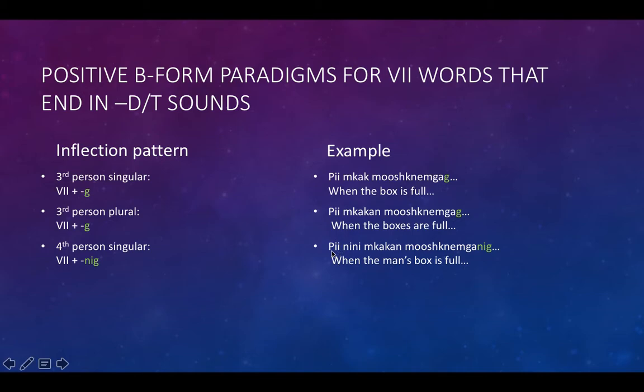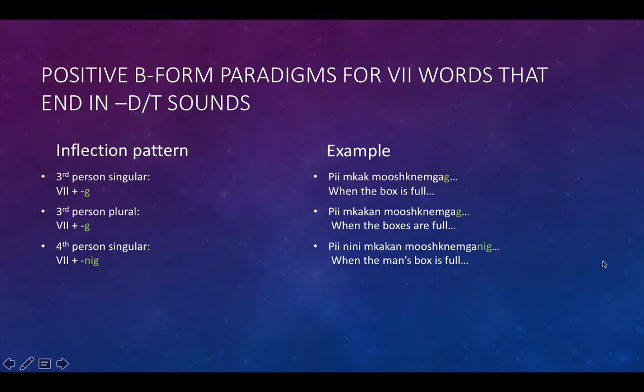That's our B-form grammar pattern we'll be using for this example. Followed by nene, man, mkakan, his box. Followed by our VII word, moshnemgud. And then we replace the D sound again with the B-form suffix nig. So that's how that conjugates or inflects together.